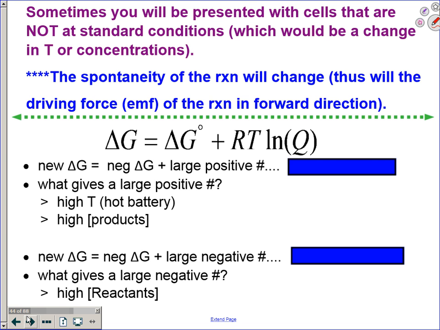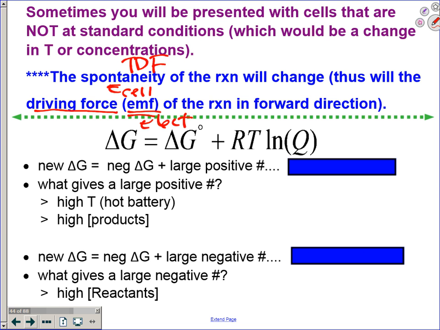If I have a really big difference in concentration, the E cell could still be generally close to what we thought, but I've changed the E cell because I've changed the conditions that are present. So that's what this is going to get us to, okay? So at non-standard conditions, the spontaneity, which means thermodynamic favorability of that reaction, is going to change, which means that this is another way of saying E cell, the driving force of the reaction, which is also called the EMF.